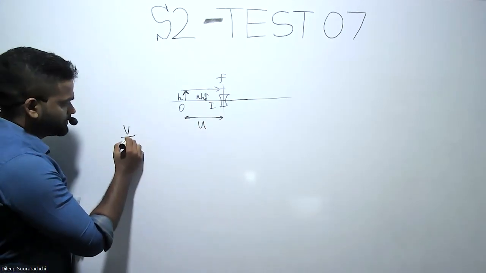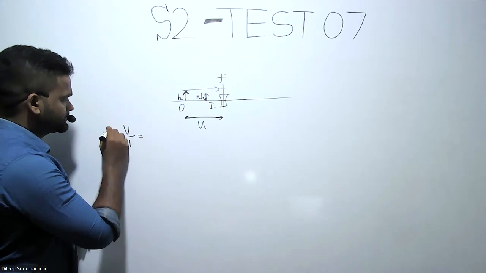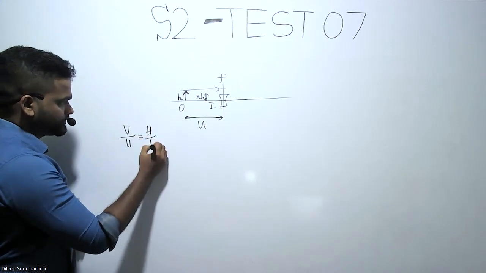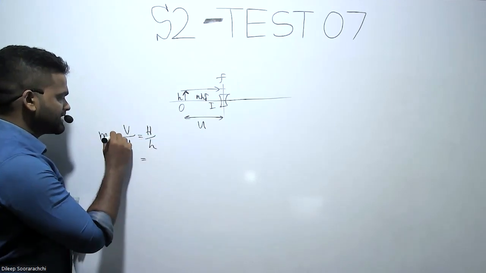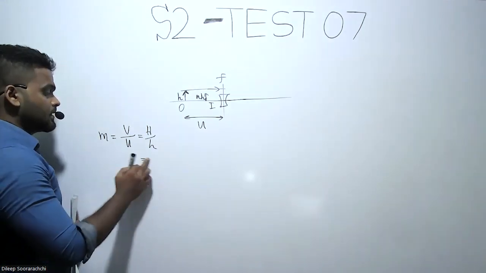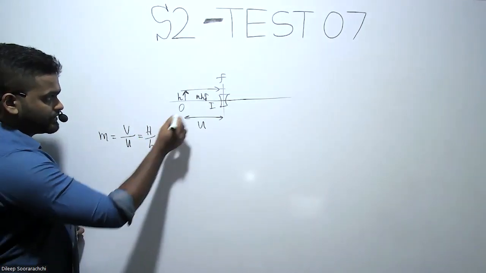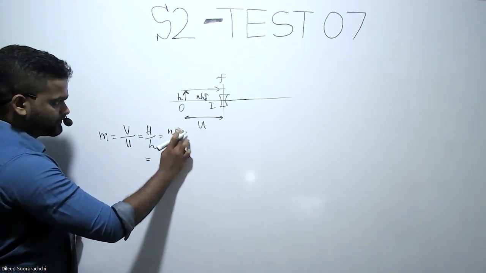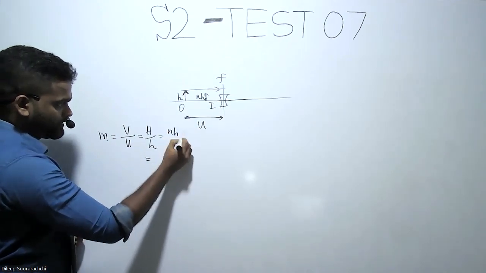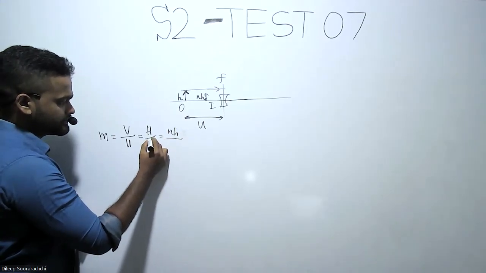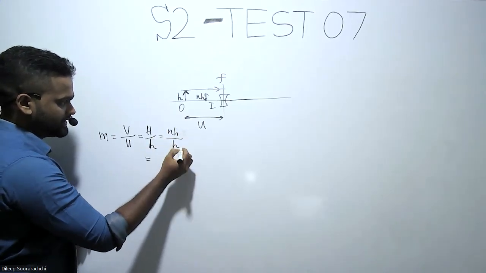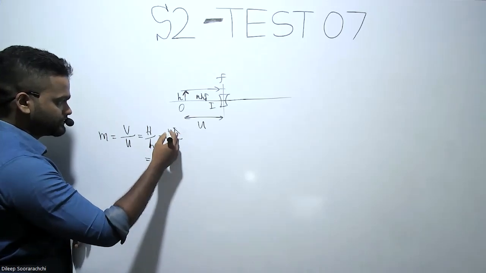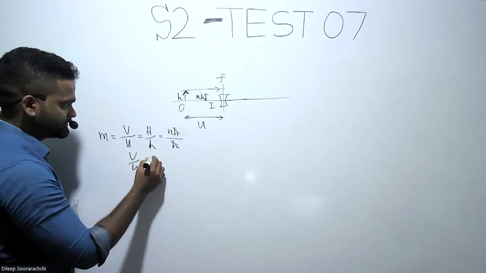So we know v over u equals the image height over the object height. So this is linear magnification, right? The image height is nh, the object height is simple h. H cancels off. V over u equals simple n.